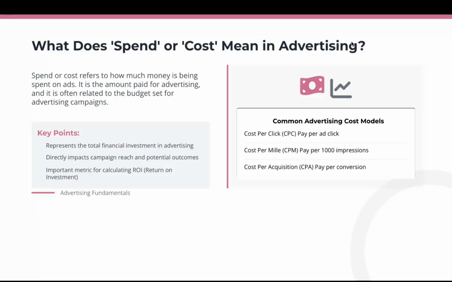Then we have the cost per acquisition, also known as CPA, which is the pay per conversion. All of those metrics are very important when we are looking at the spend as well as the cost to know how effective our campaign is running, as well as if we are getting a good return on our investment.